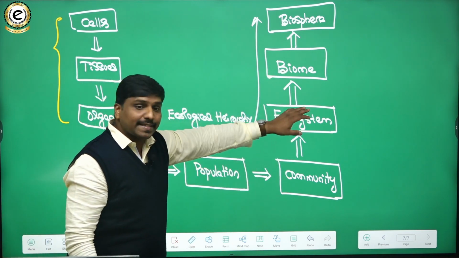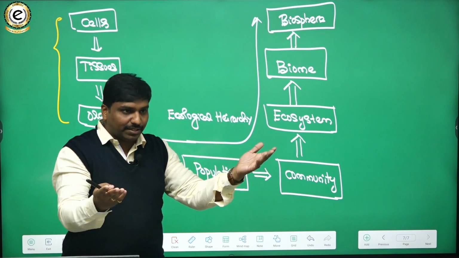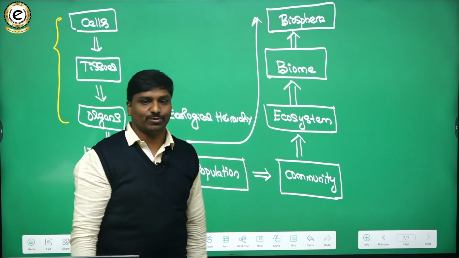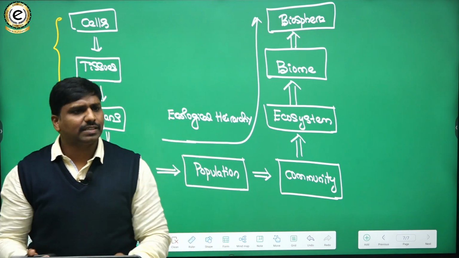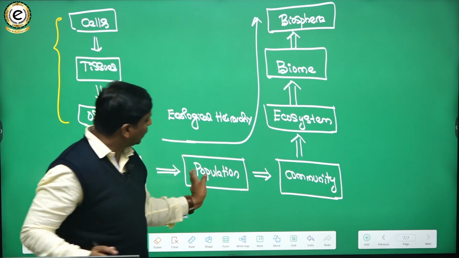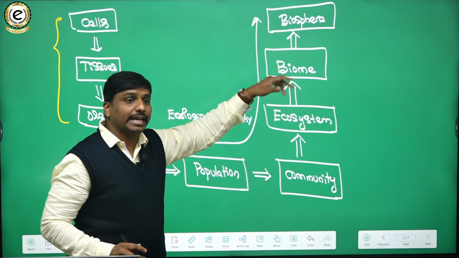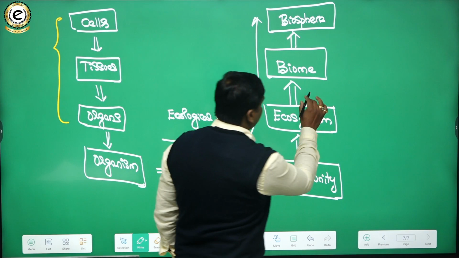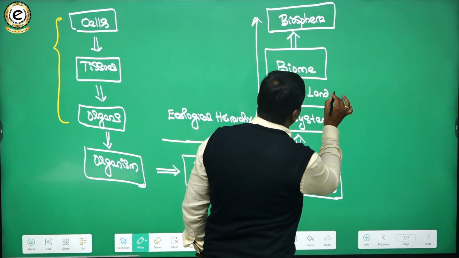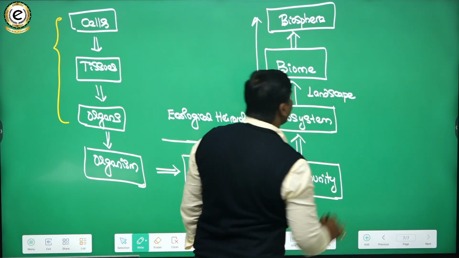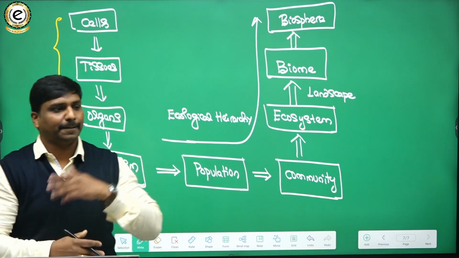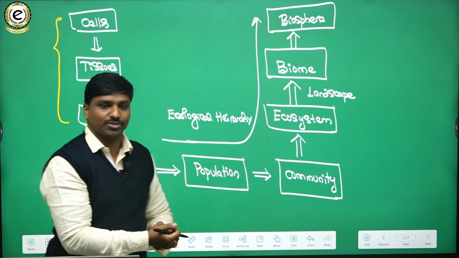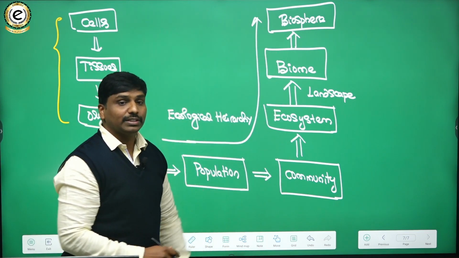Landscape is a space that would be in between biome as well as ecosystem. So if we consider 6 levels, it would be 3 plus 3. If we consider 7, then you can place landscape here. Landscape also we can consider as one of the levels, but nevertheless we can skip it as we don't have specific characters for it.